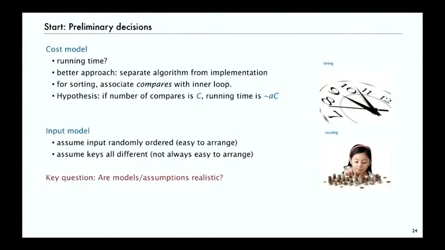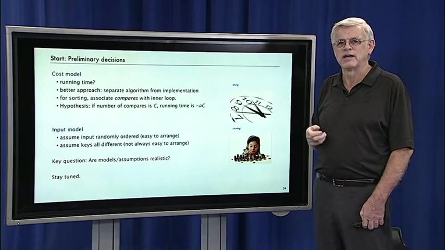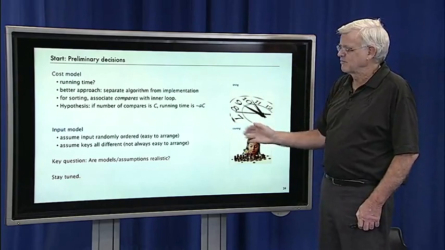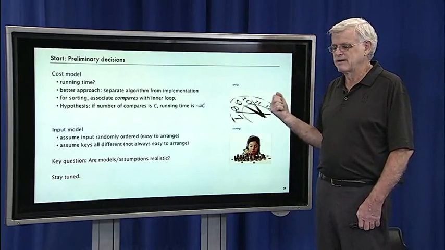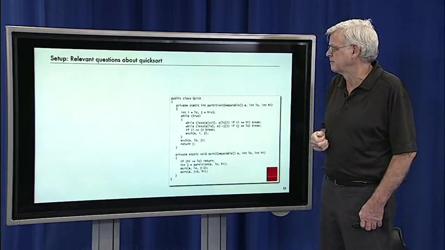We made these assumptions and these models with the knowledge that we're going to be able to test them scientifically, and that's part of the process that I'll describe. The bottom line from this slide is that we're going to count compares, and we're going to assume that the keys are randomly ordered and distinct.